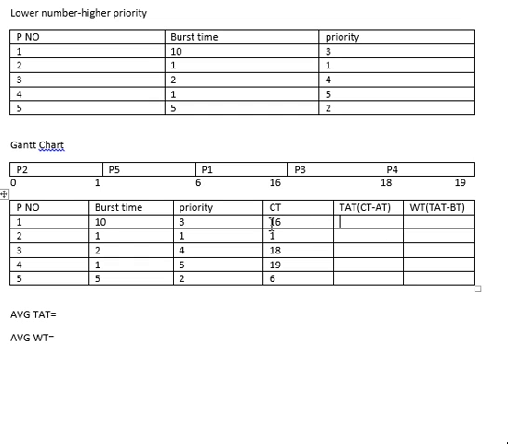Again arrival time is not given, so I'll just copy these values, the same values will be there in the turnaround time. And lastly we have waiting time, that is turnaround time minus the burst time, so here it comes 6. Next is 0, 18 minus 2 is 16, 19 minus 1 is 18, and 6 minus 5 is 1. So average turnaround time is the addition of all this divided by 5 because we have 5 processes, and average waiting time is the addition of all this divided by 5. I'll just give you the values, please try it by yourself.